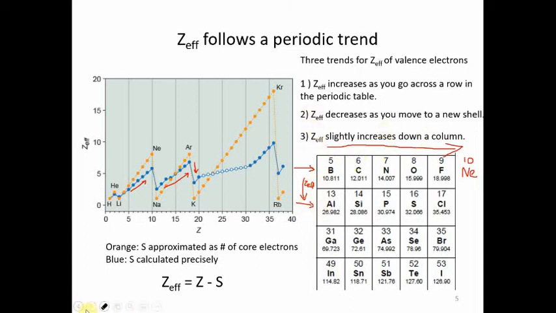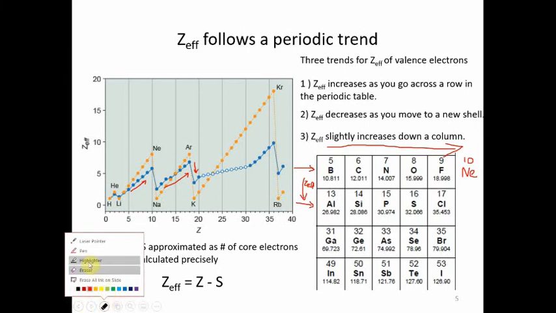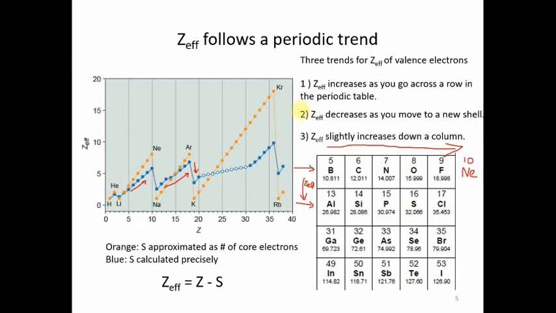And let me clarify what is meant between these two points here. This second point is referring to the drastic increase or decrease that we see when we go to a new shell. This third point refers to the difference here.